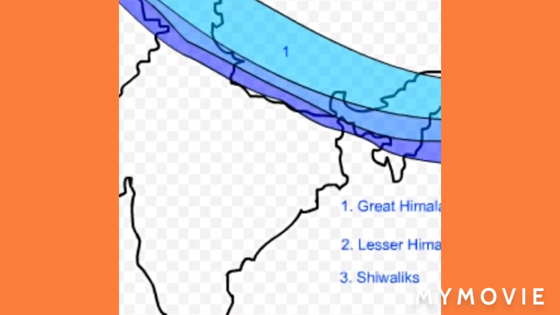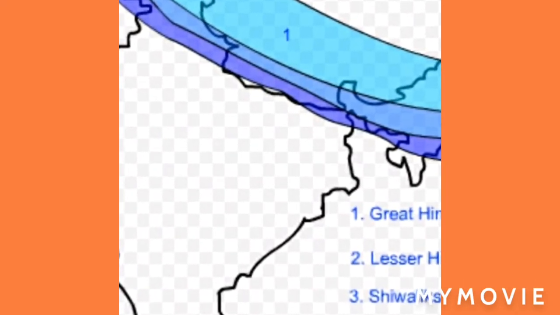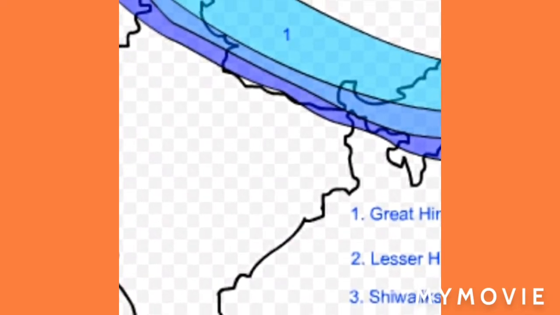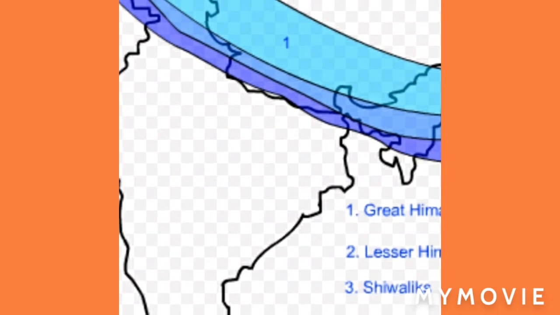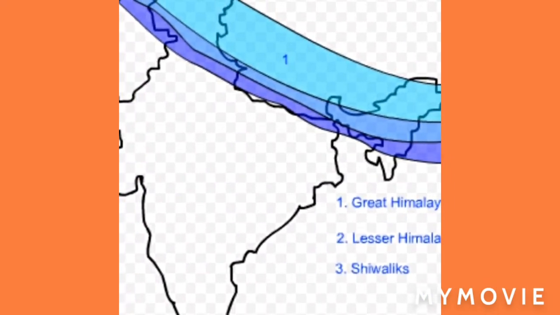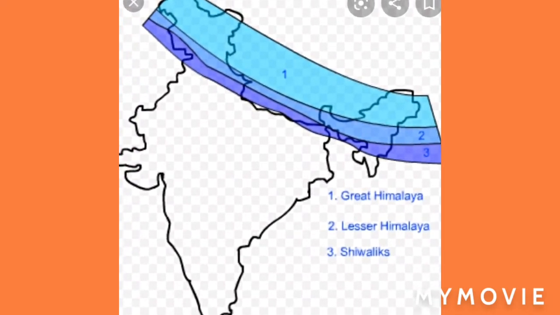The range lying to the south of the Himadri forms the most rugged mountain system and is known as Himachal or Lesser Himalayas. The ranges are mainly composed of highly compressed and altered rocks. The altitude varies between 3,700 and 4,500 meters and the average width is 50 kilometers.